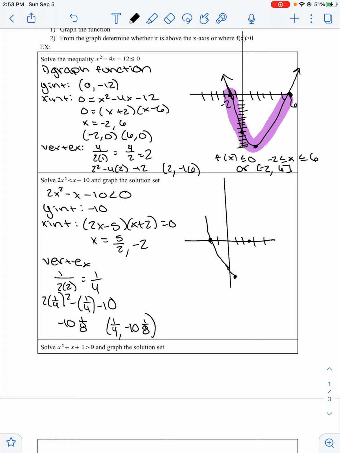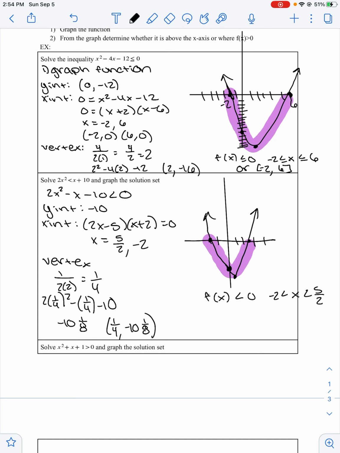Connect our points. And there's our -10 y-intercept. There we go. So this function is less than 0 from -2 to 5/2. So f of x is less than 0 from -2 to 5/2.